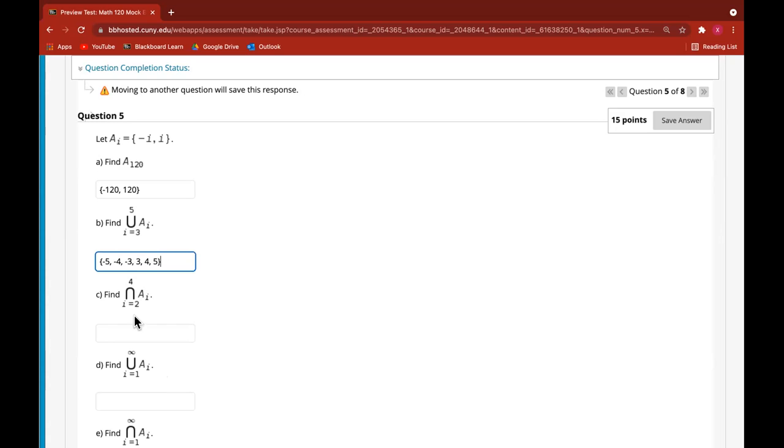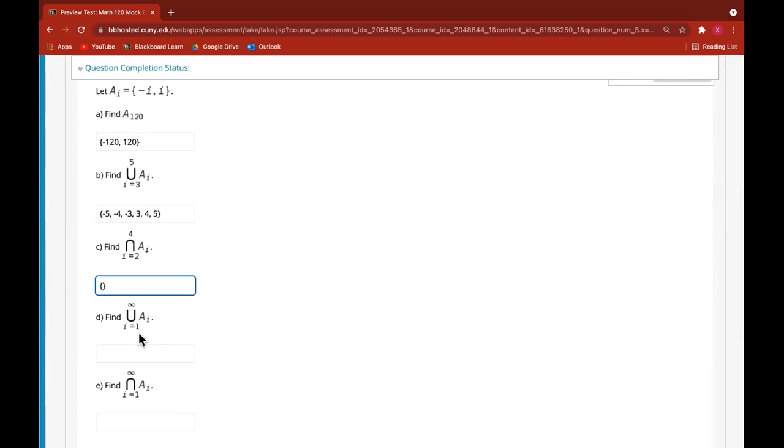Now for the intersection, that means you want to find what they have in common. If you look at A2 intersect with A3 and A4, what they have in common will be the empty set. They don't have anything in common. Now the union from A1 to infinity will be the set of all integers except 0.